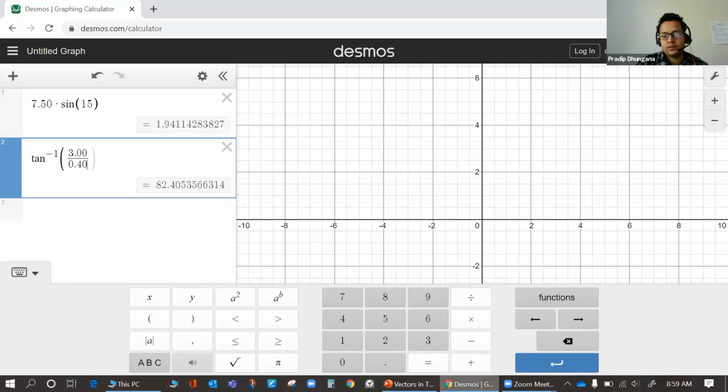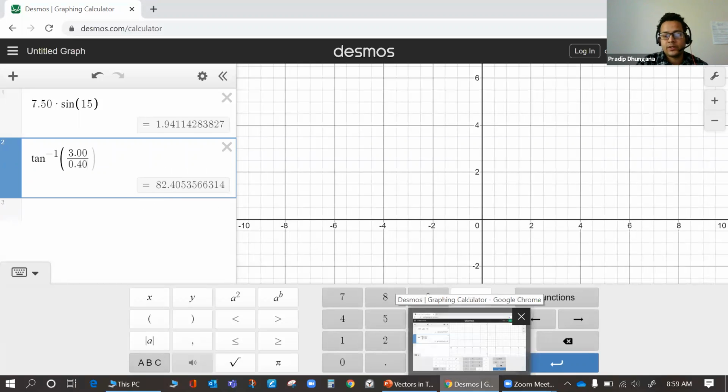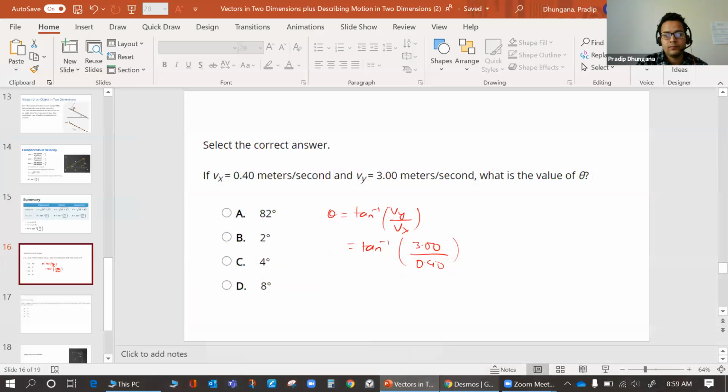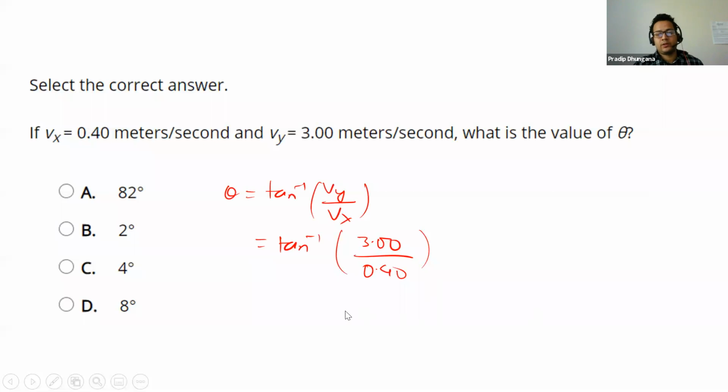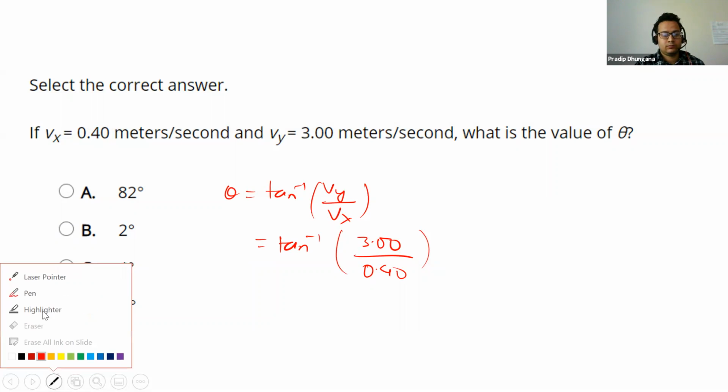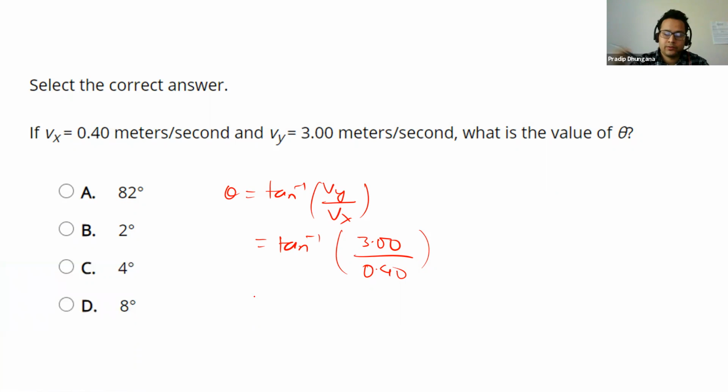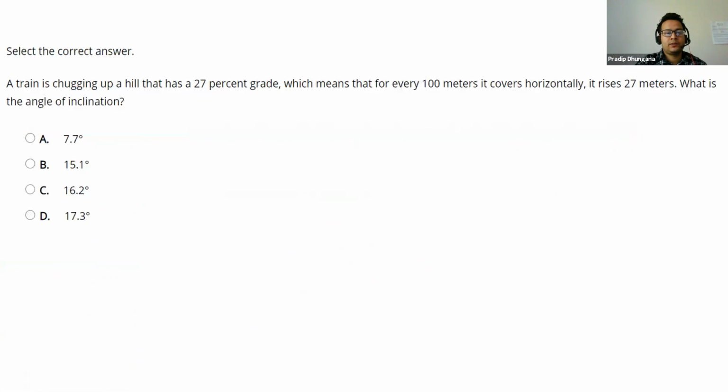That is in degrees. Make sure to change your setting to degree. 82.40, and that is approximately equal to 82 degrees. So let me write that one. 82.40 is approximately equal to 82 degrees. So in that way we can find out theta. Now let's go to the next slide.